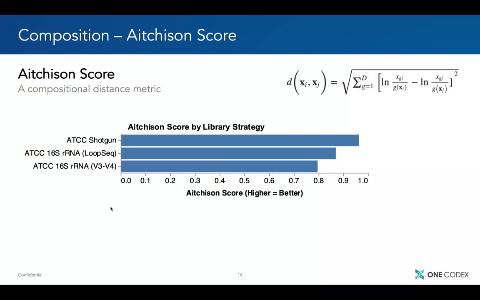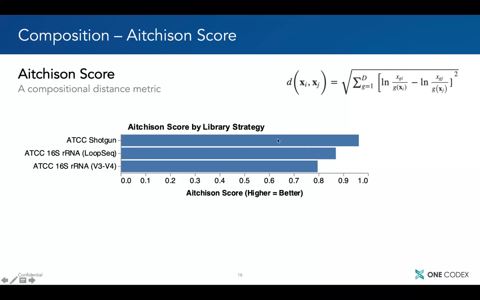It doesn't give us absolute abundances, cell counts, things like this. It rather says, this community member has gone from 10% to 30%, and that's all that we know. We don't know if it's tripled or if other things are depleted. So this is a nice adjusted metric for looking at the overall distance between a theoretical composition and an observed one. And 1 is a perfect score, of course.